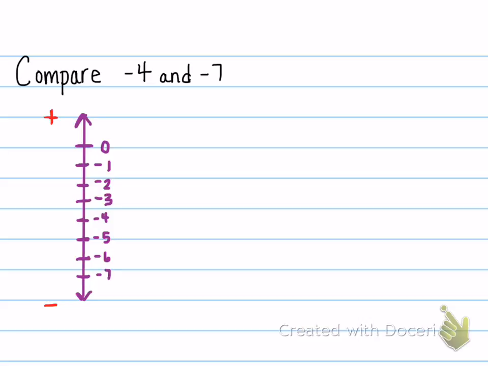So this is what a vertical number line looks like. If I plot my points, I have -4 and -7.